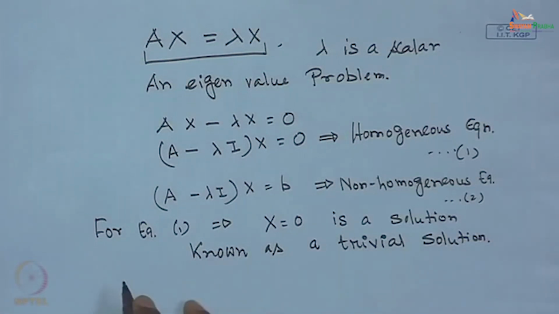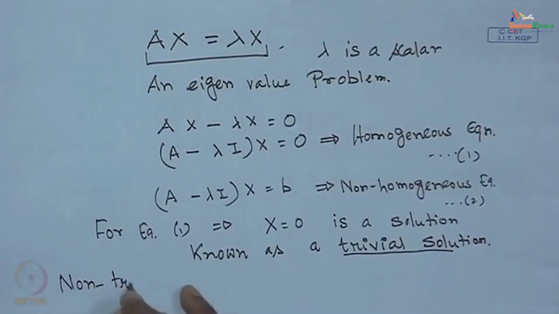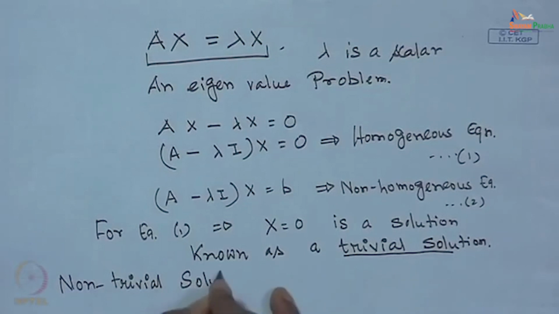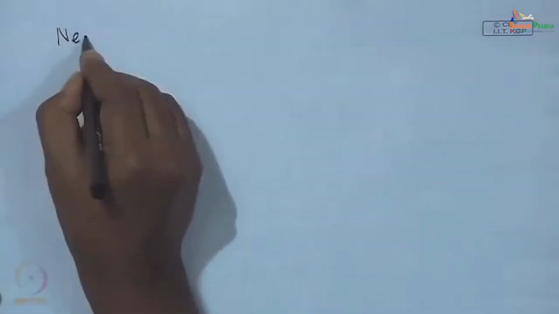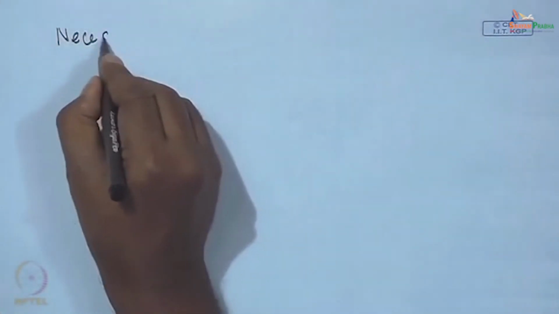We are not looking for the trivial solution, we are looking for the non-trivial solution. The necessary and sufficient condition for a non-trivial solution is that the determinant of A minus lambda I is equal to 0.